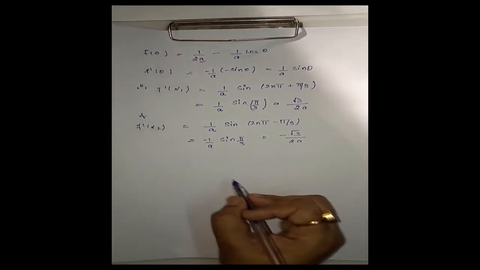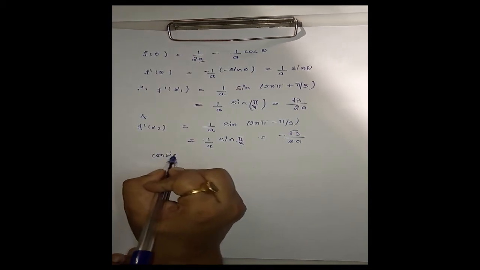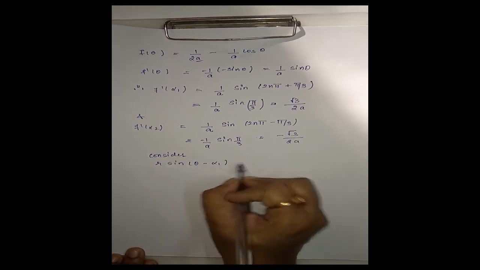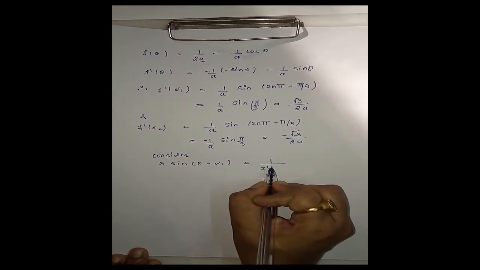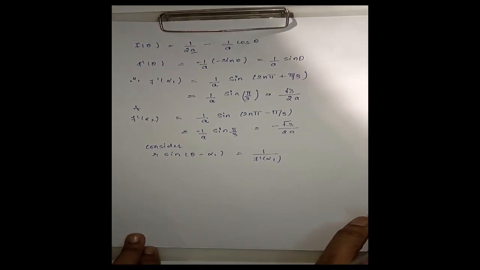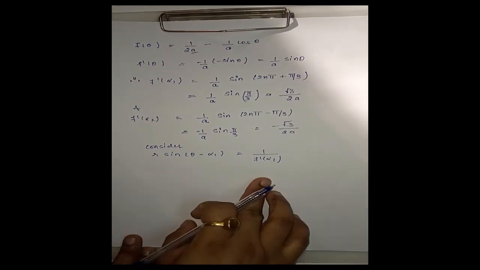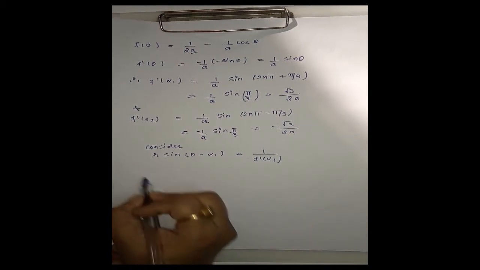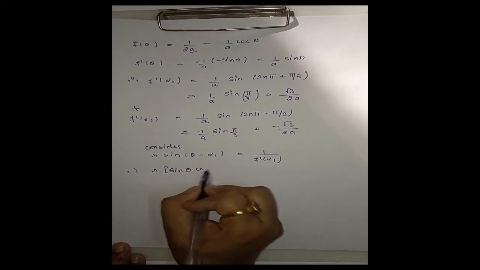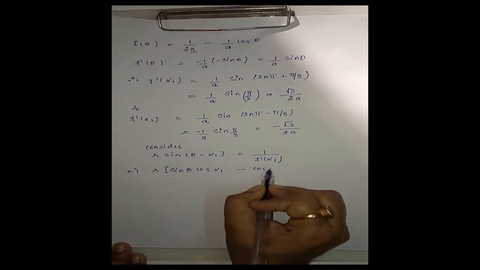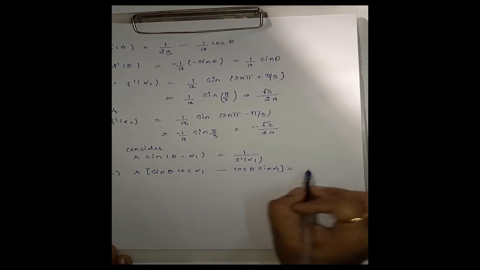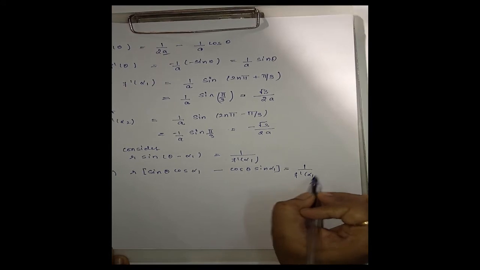Now consider r sin(theta minus alpha 1) is equal to 1 upon f dash alpha 1. Now this is r sin theta cos alpha 1 minus cos theta sin alpha 1, equal to 1 upon f dash alpha 1.